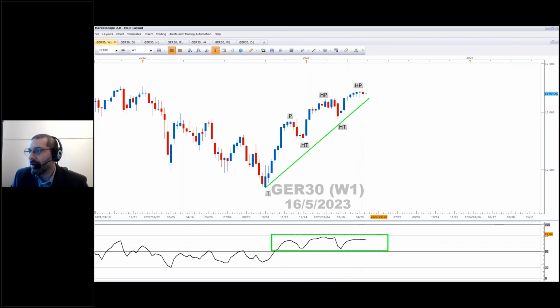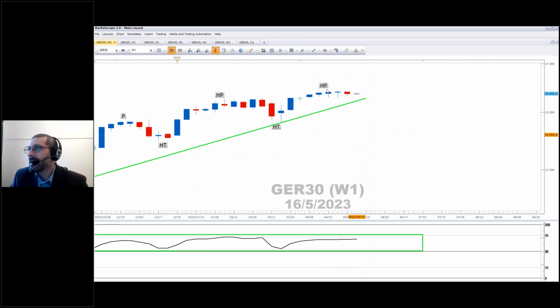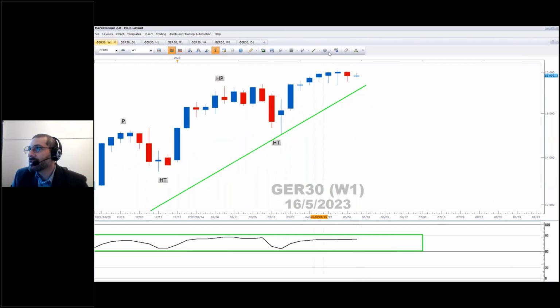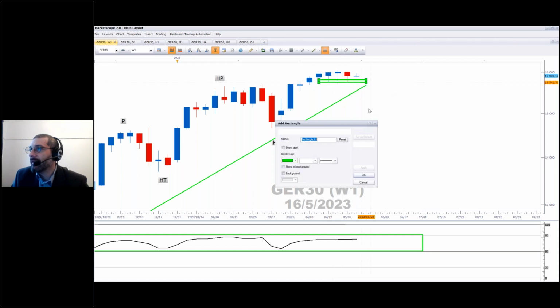I really like the way the RSI is moving along, and to be quite frank with you, I think that there is underlying support. See, we've got a buying tail here, and this is 5 weeks ago, a buying tail here, 4 weeks ago, a buying tail here, 3 weeks ago, and a buying tail here as well. So we got this kind of support area here, and the DAX is dipping into it.